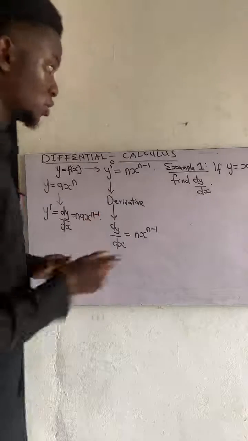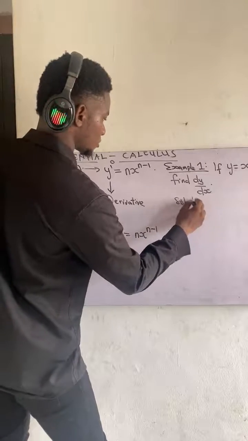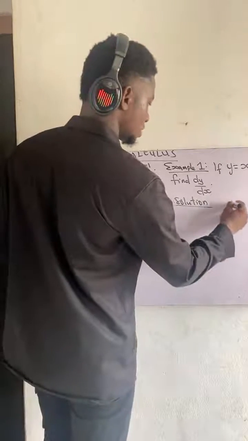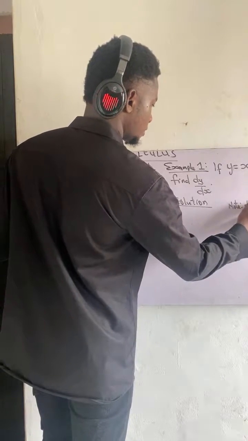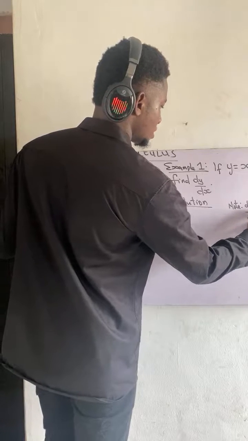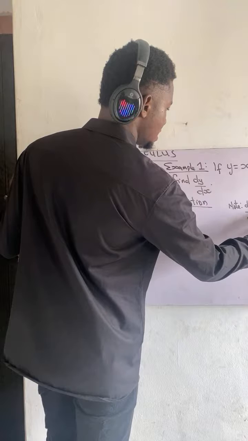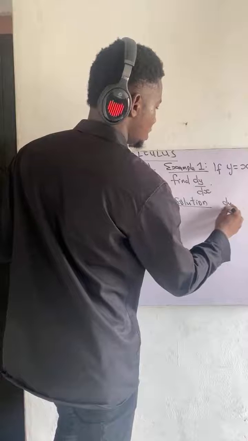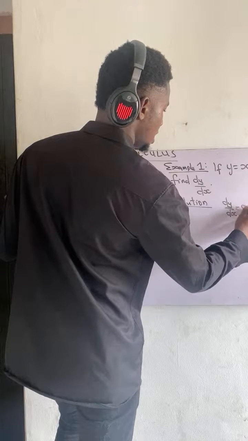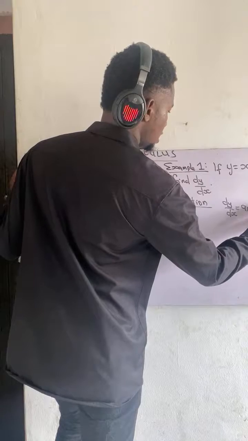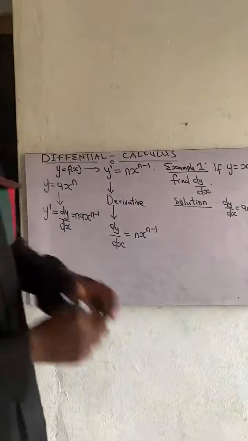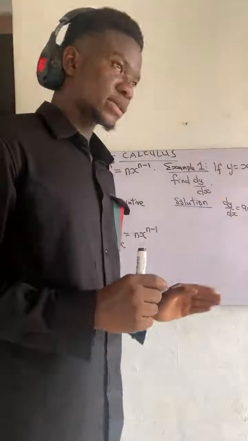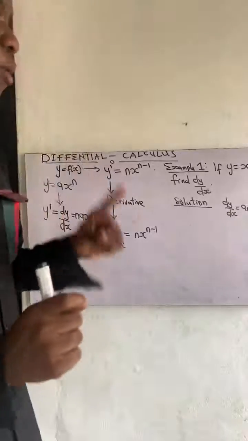Just write solution. You are going to note that the general formula for dy dx is anx raised to power n minus 1, where a represents the coefficient of x and n represents the power of x.